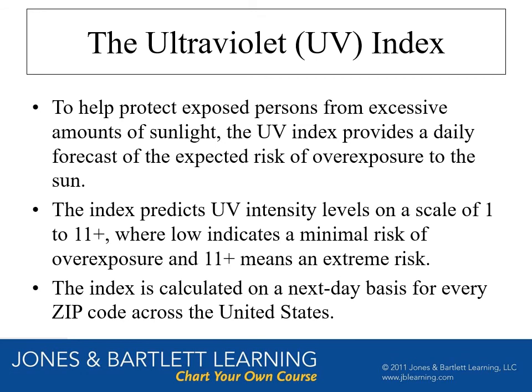To help people protect themselves, the UV index has been developed and produces an estimate of exposure during the day. It has a range of intensity levels where 1 is very low and 11 is extreme. And every day you can look at the UV index and decide if you need to protect yourself by using clothing or putting on sunscreen.